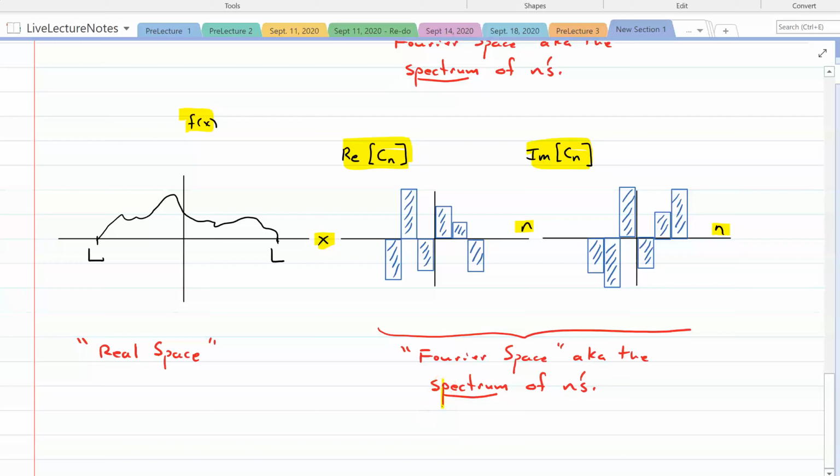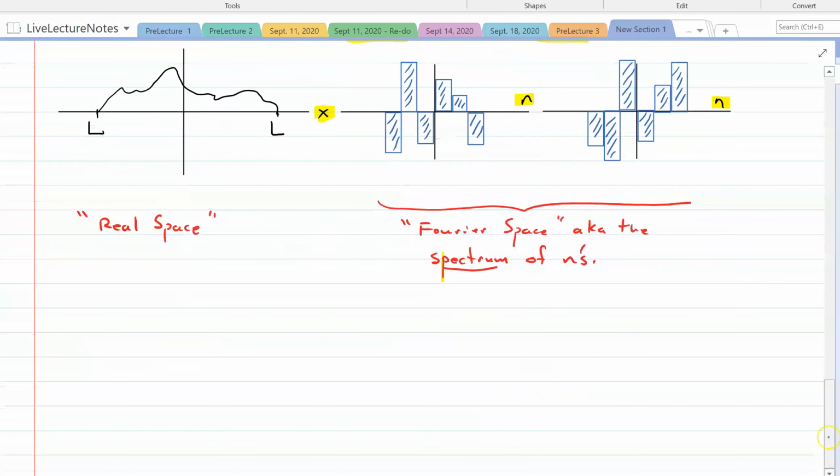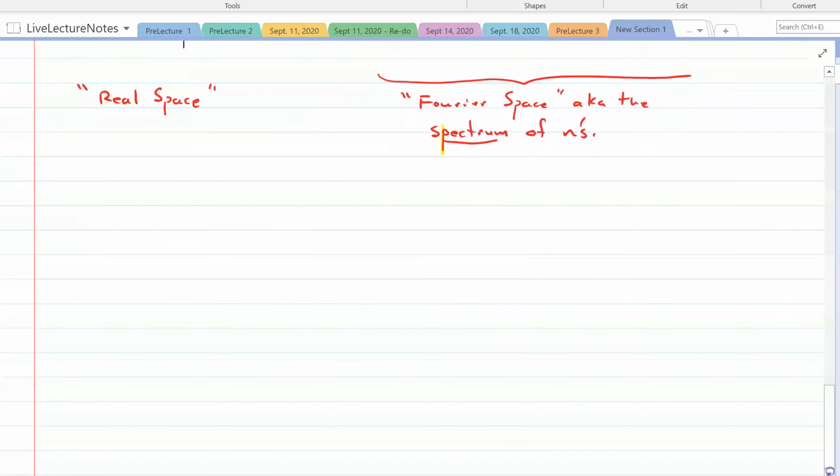Okay. To derive the actual generalization of this to a non-periodic function, which is the Fourier transform, let me represent our function in a slightly different way. I'm going to start with the complex Fourier series.